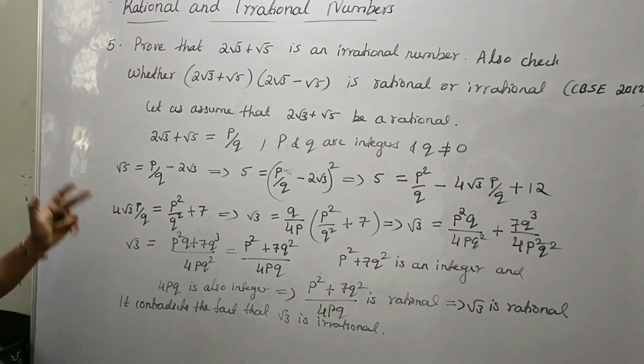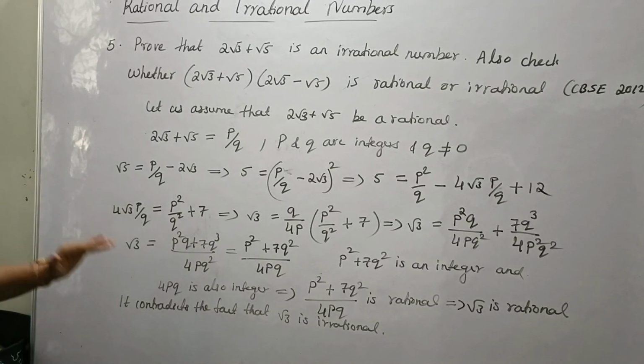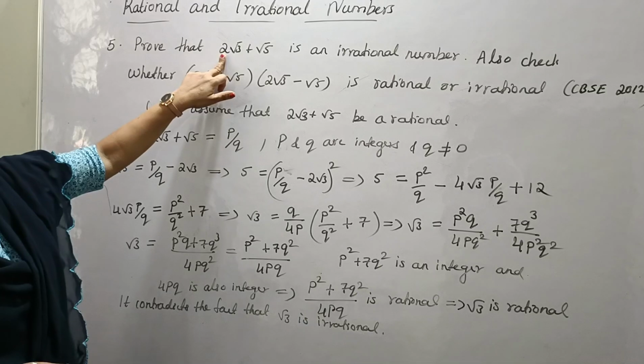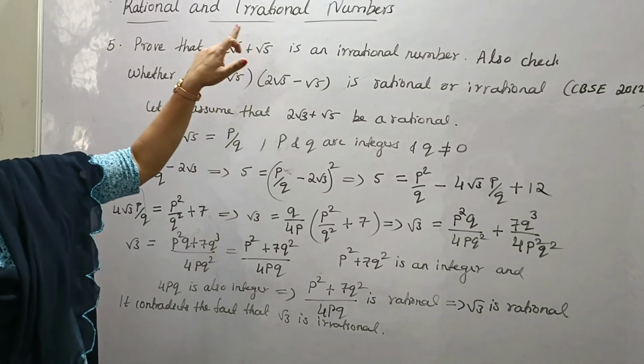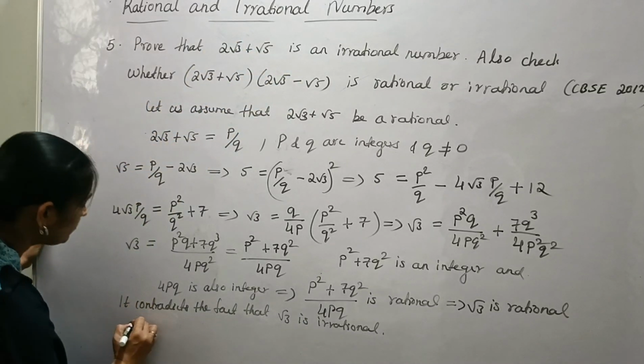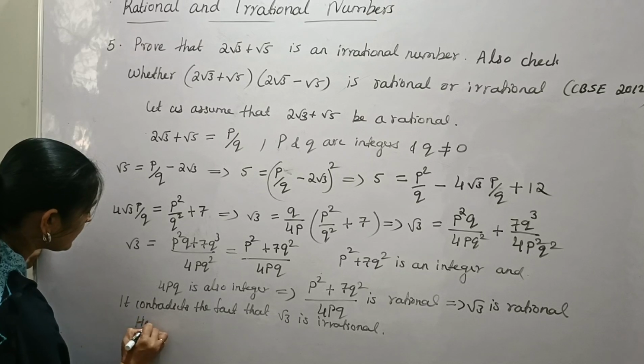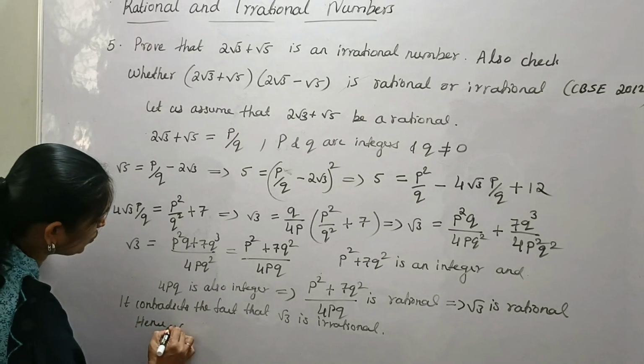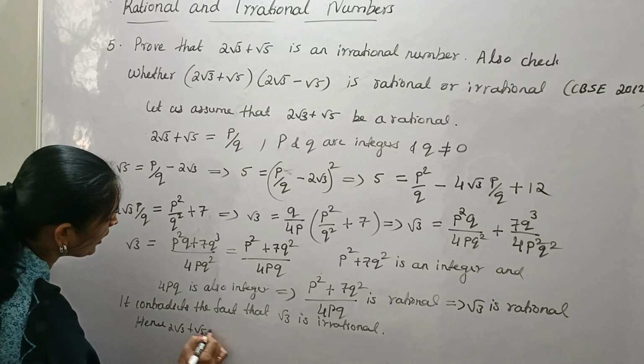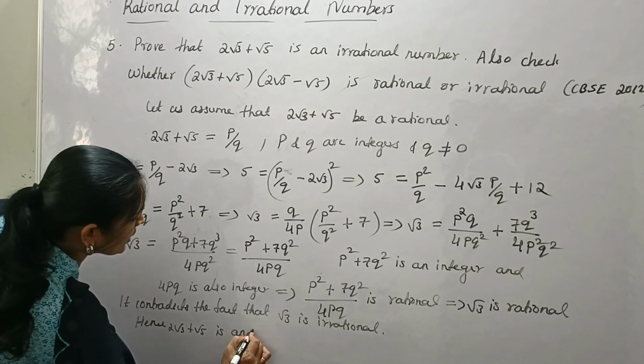Therefore, our assumption is wrong. Hence, 2 root 3 plus root 5 is an irrational number.